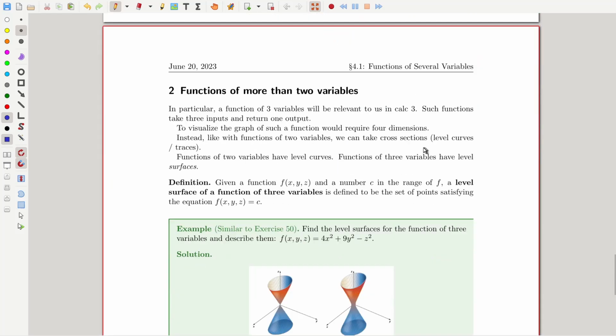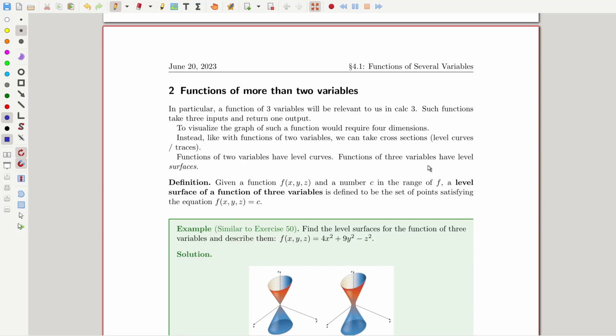Now, how do we connect this? We end up needing these ideas particularly for functions of more than 2 variables. The point is that it's not really possible to completely visualize a function of 3 variables, right?